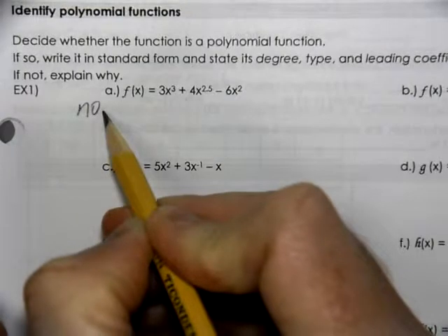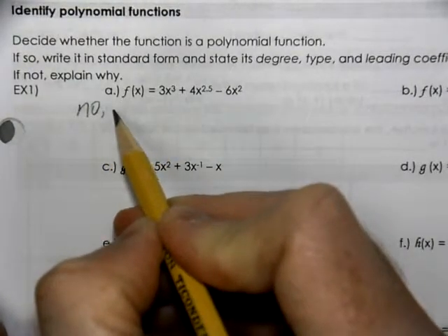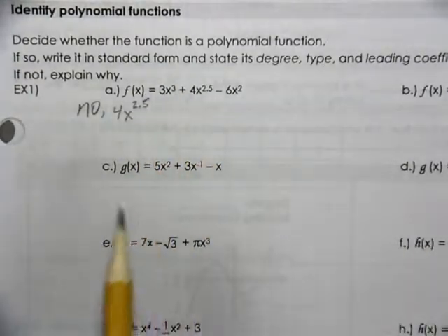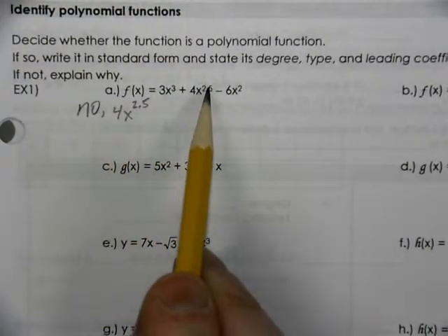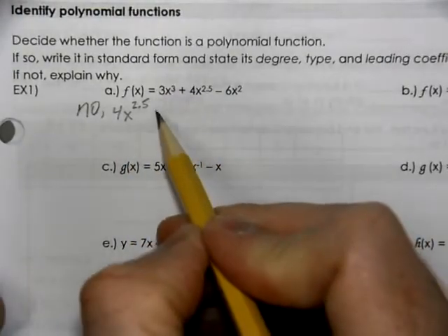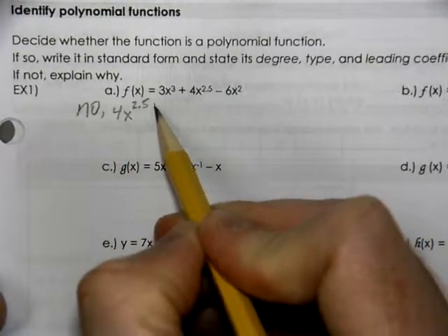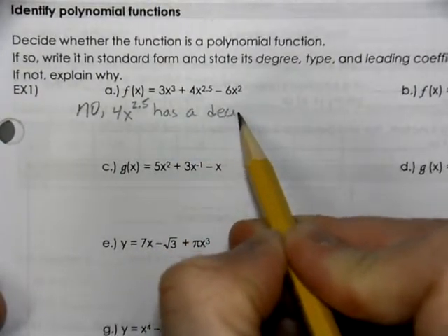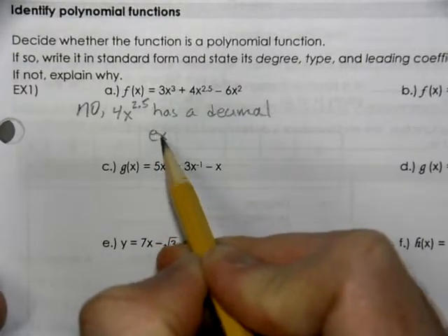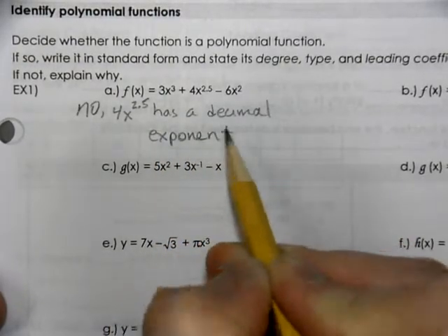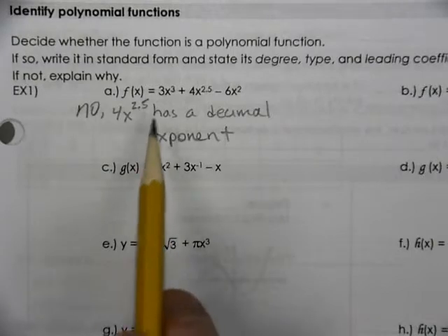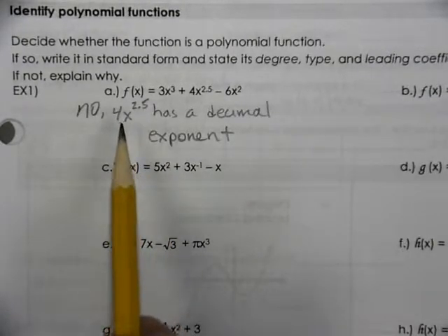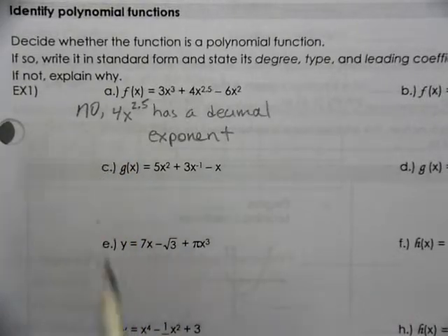The answer is no. 4 to the x to the 2.5 power. You have a fraction, or a decimal as an exponent. That actually limits what x can really be. We'll talk about that in the future.